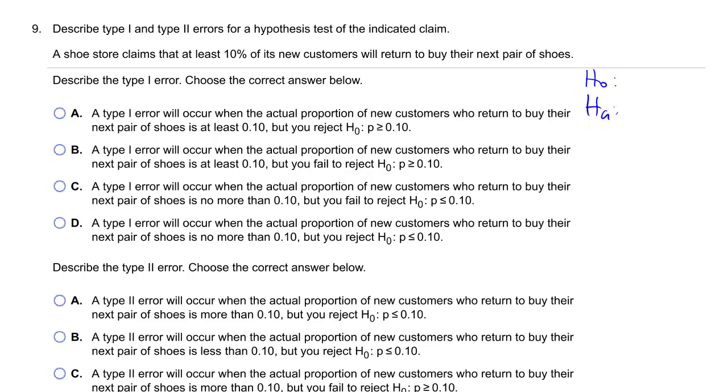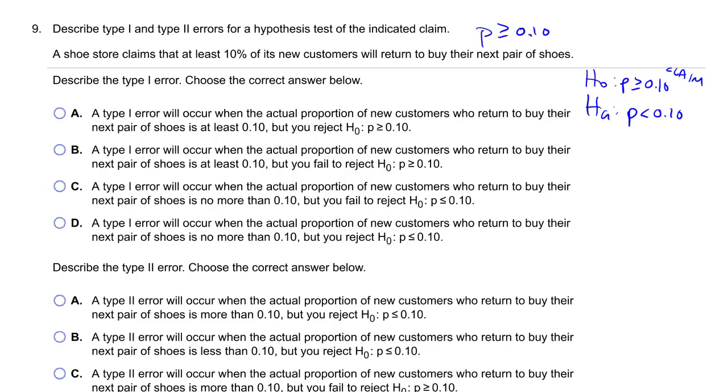So the store claims that at least 10% of its customers, so the proportion is 10%, at least 10%, so greater than or equal to 0.10. That's the claim. It has the equals, so that's the null, and P less than 0.10 is the alternative.